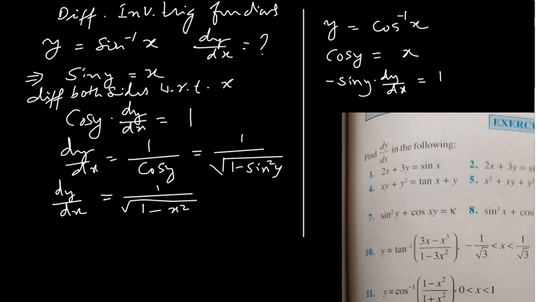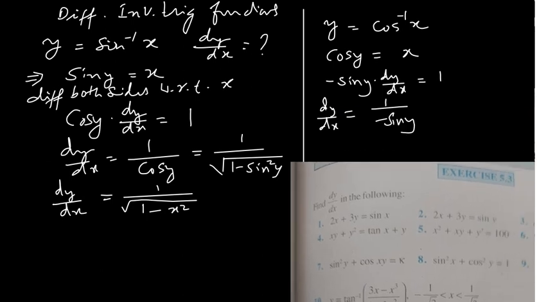Good. So dy by dx equal to 1 divided by minus sin y.